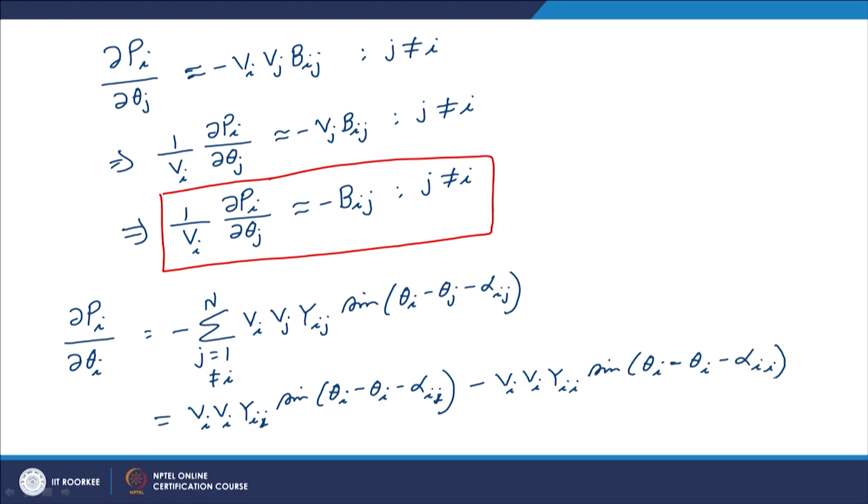Then we have minus alpha I I, and then the entire expression, the sum over j equal to 1 to n, j not equal to I, of V I V j y I j sin(theta I minus theta j minus alpha I j).